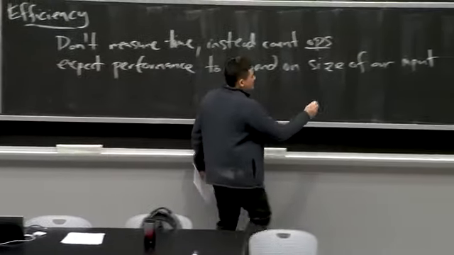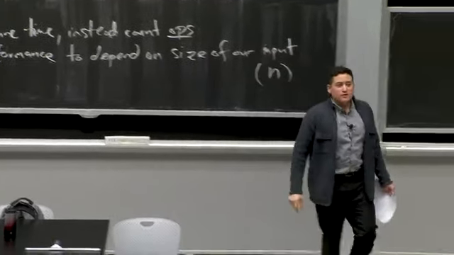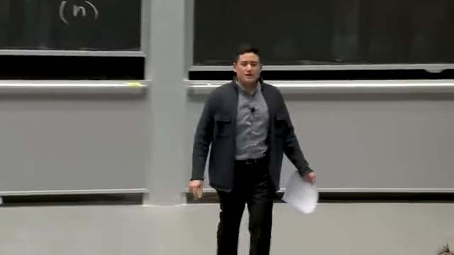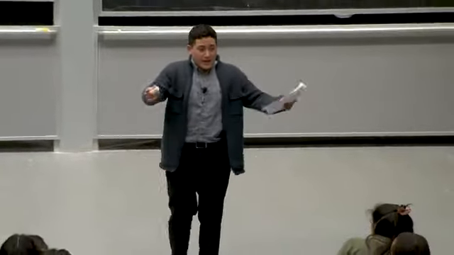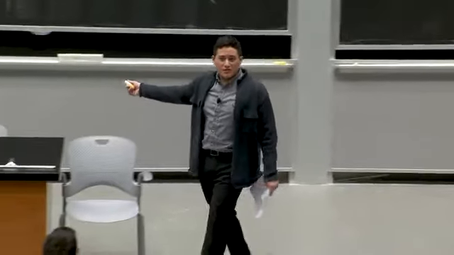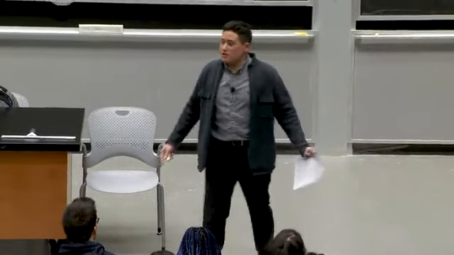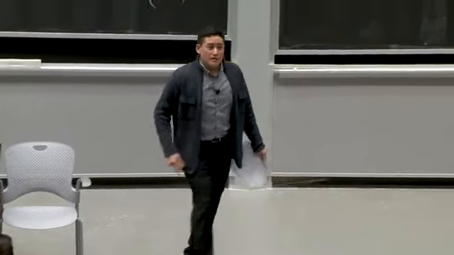Usually we use n as a variable for what the size of our input is, right? But that's not always the case. So for example, if we have an array that I give you, an n by n array, we're going to say n, but what's the size of our input? How much information do I need to convey to you to give you that information? It's n squared, right?